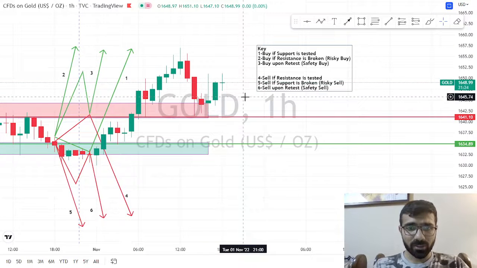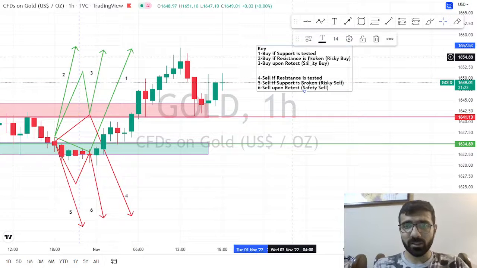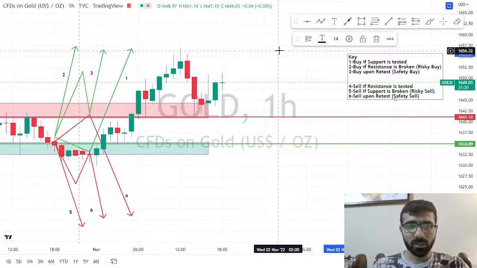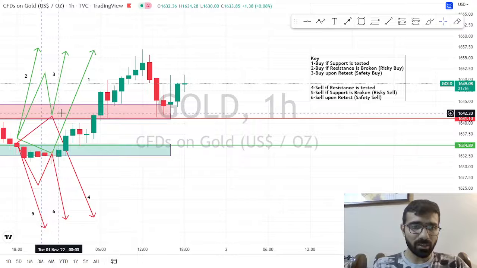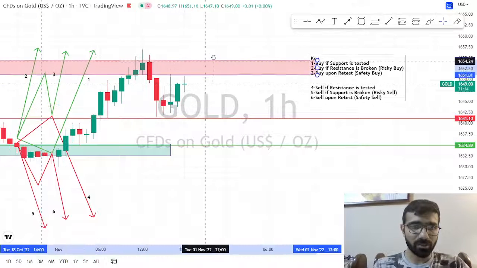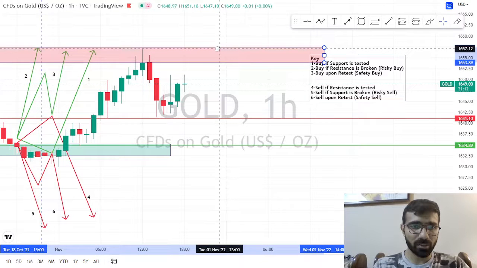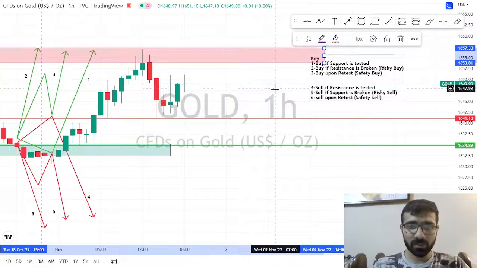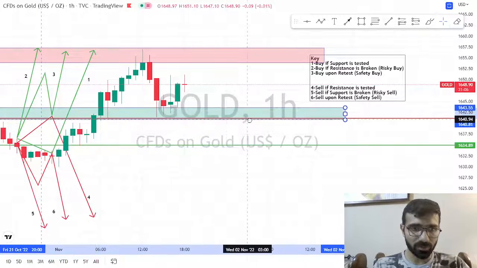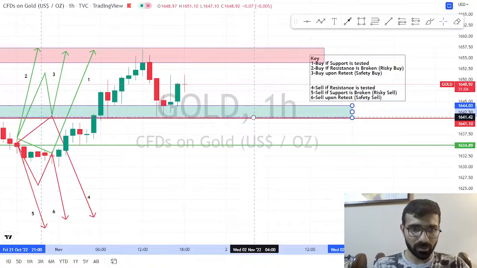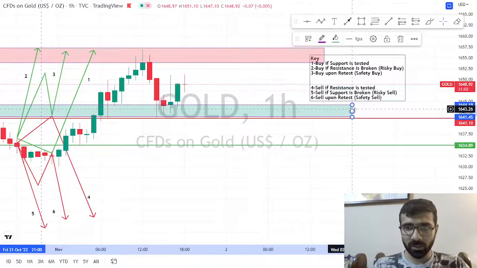So now let us discuss the analysis for tomorrow. Now this resistance area will be shifted to the next area over here. This will be the next area of resistance, and this support zone will now be shifted over here. Okay.